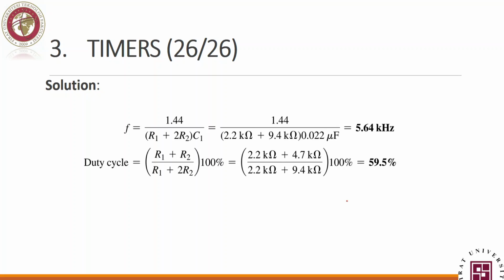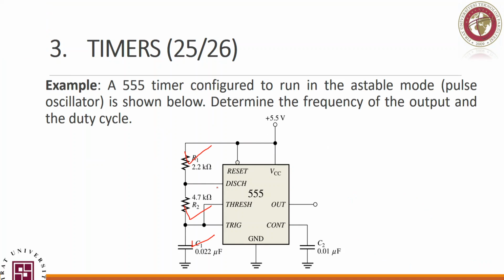If I ask you to explain how the 555 astable timer is running, you can explain it this way. You can say initially C1 is not charged and the switch is on.